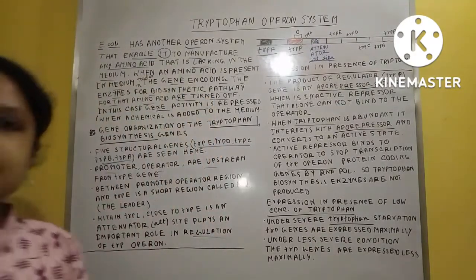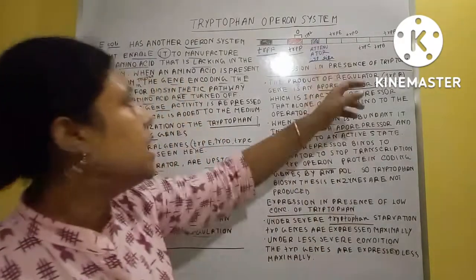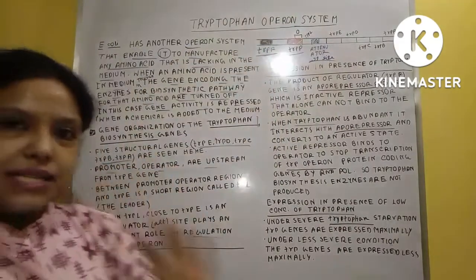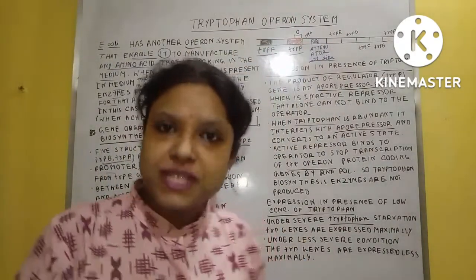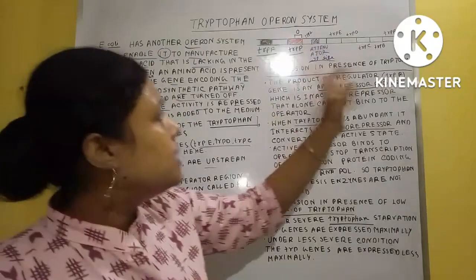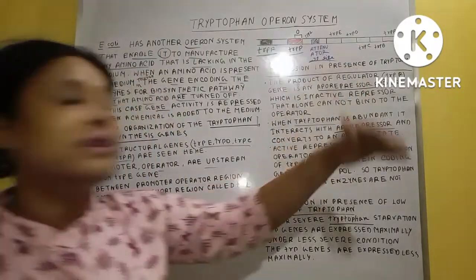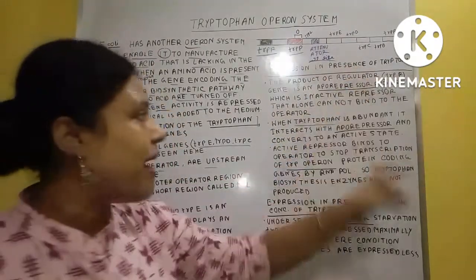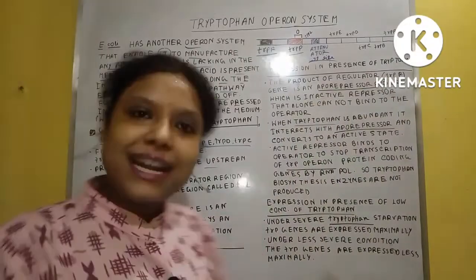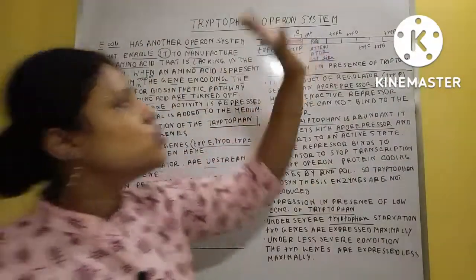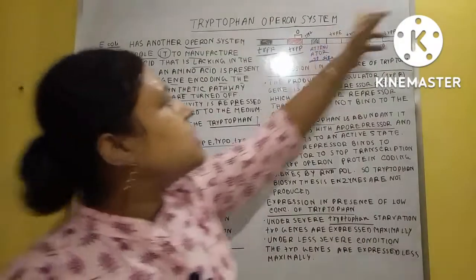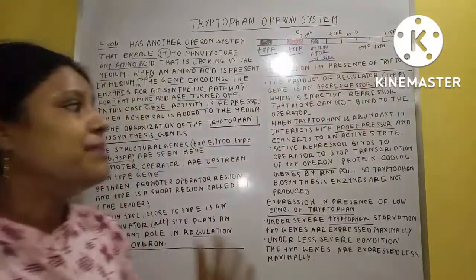It then has the capability to bind with the operator. The repressor protein that remained as aporepressor becomes active after binding with tryptophan, and when it binds to the operator, the total transcription process of these genes is stopped.